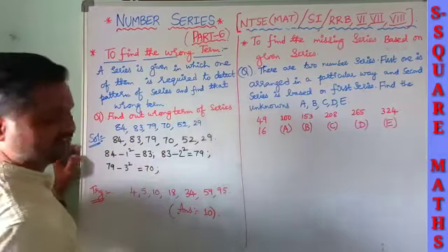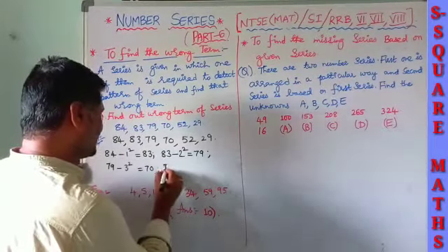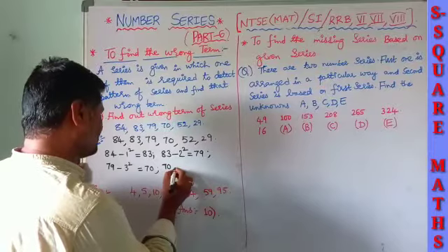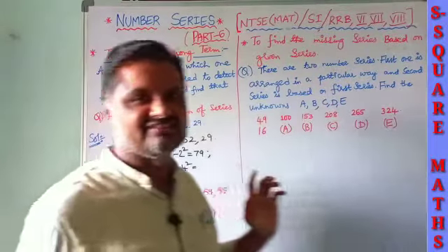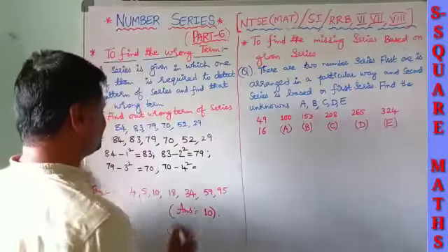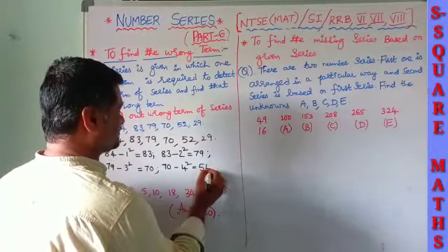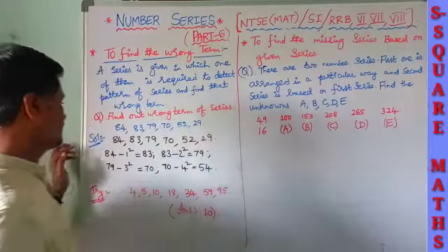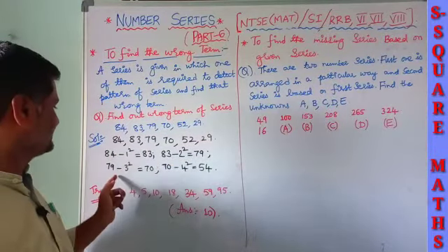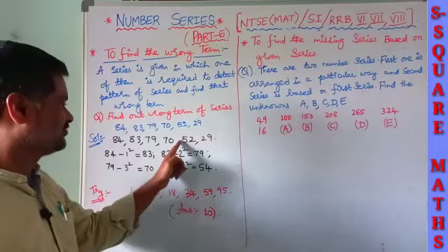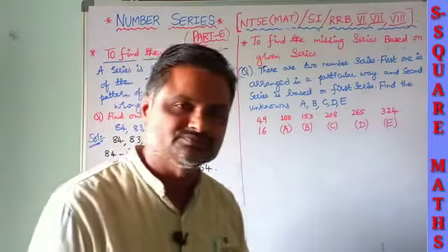So we got our 70. Generalizing here, similarly 70 minus 4 square. 4 square is 16. 70 minus 16 is nothing but 54. So 84, next 83, next 79, next 70, next 52. But here we got our 54.